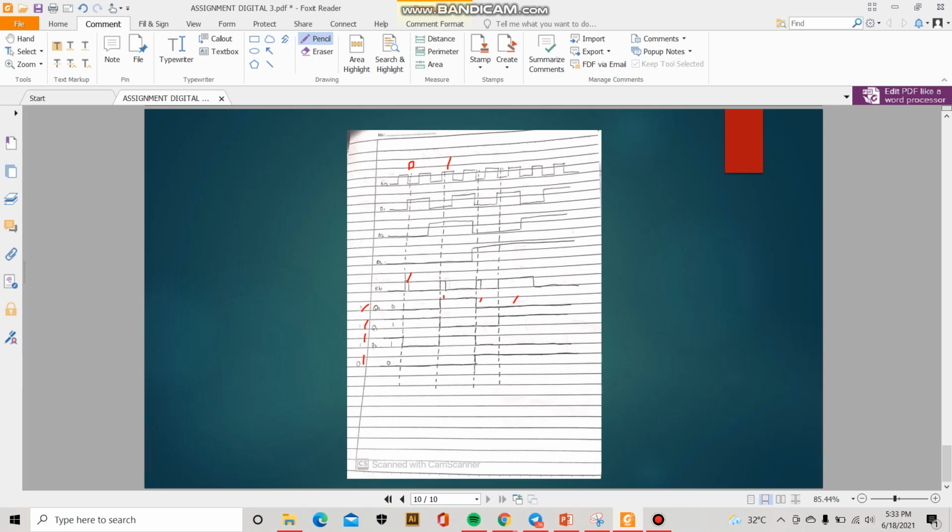Okay, and then Q1 is the output of D1. So when enable 1 is 1 and D1 is 1, we get 1 here. And then here D1 is 0, the enable is high, so we get 0 here.